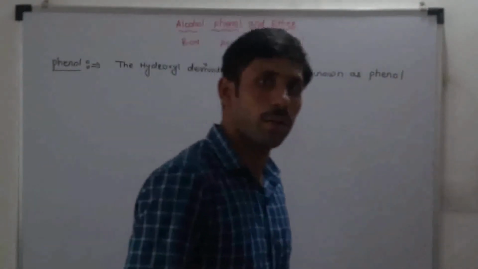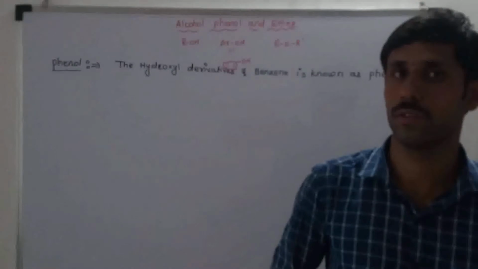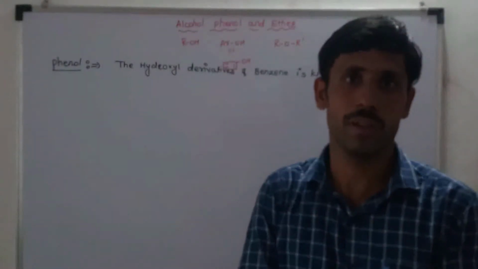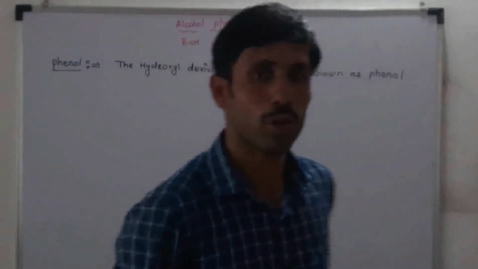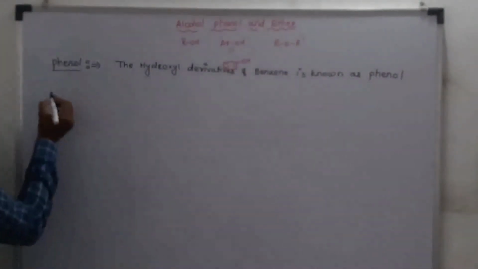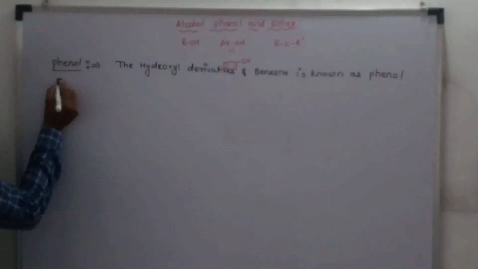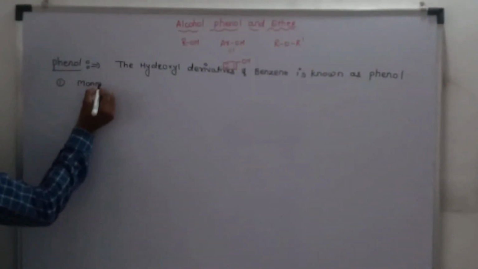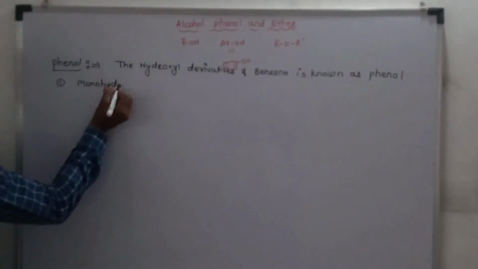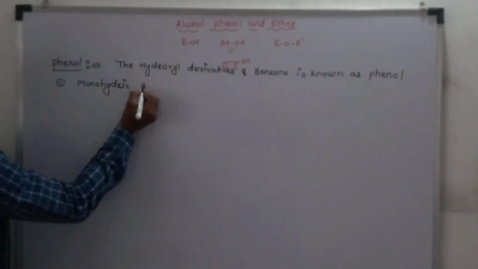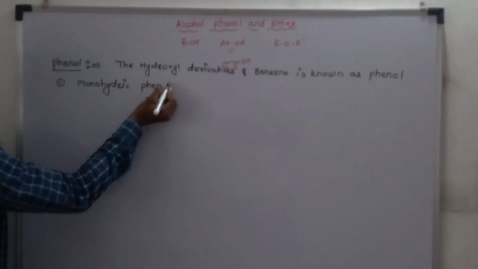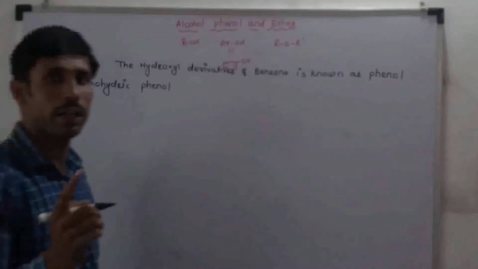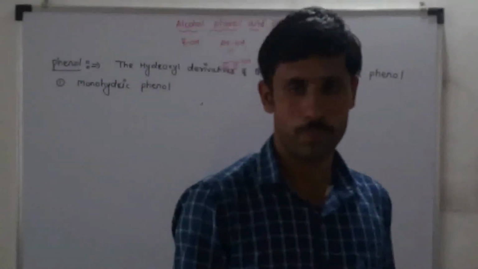How are phenols classified? Phenols are classified into three types. First is the monohydric phenol. Monohydric phenol means they contain only one OH group.